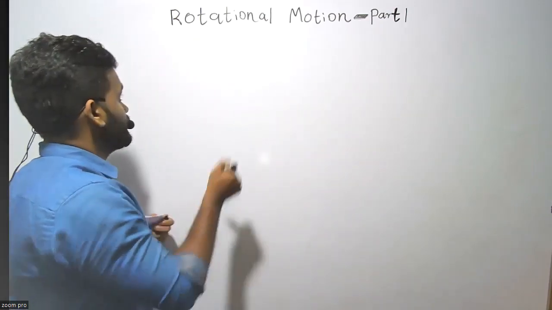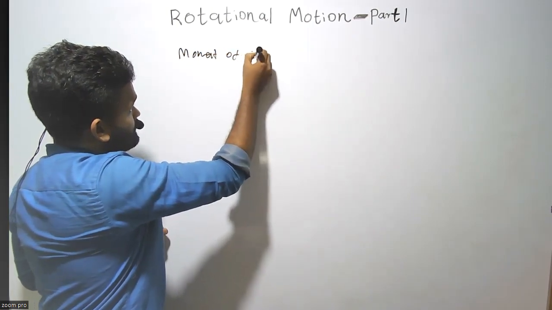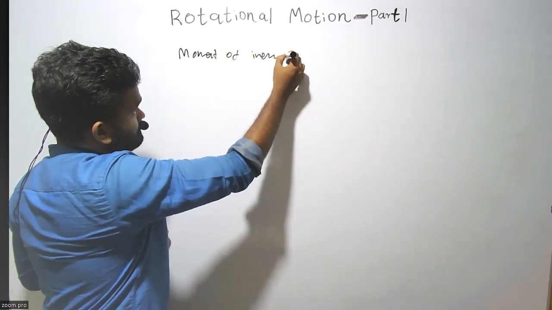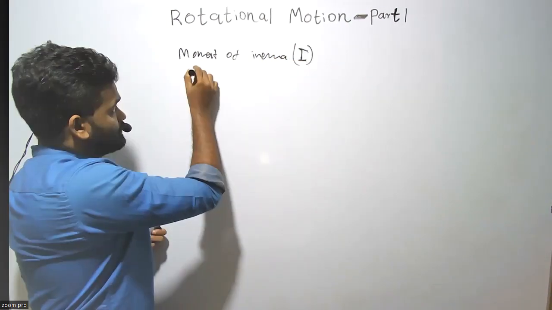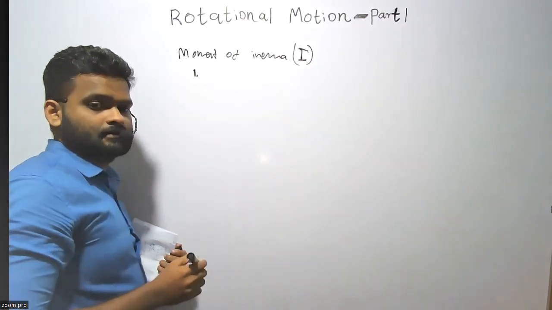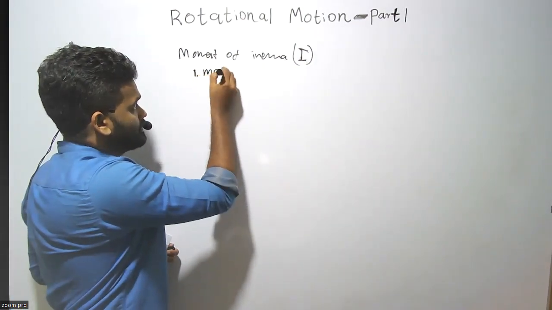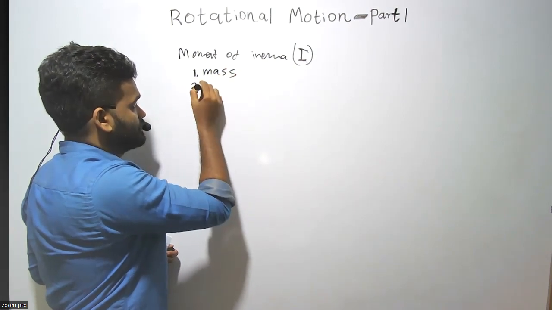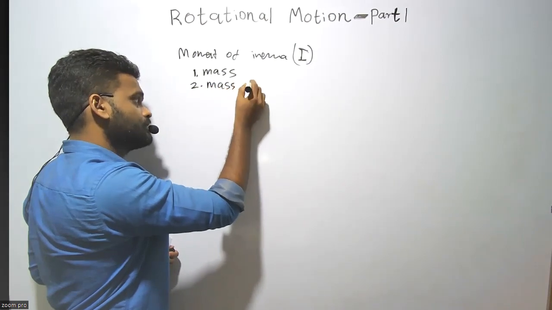Just first take down that topic, moment of inertia. The symbol is capital I. So the factors that determine that: not only mass affects that, but mass and mass distribution both.